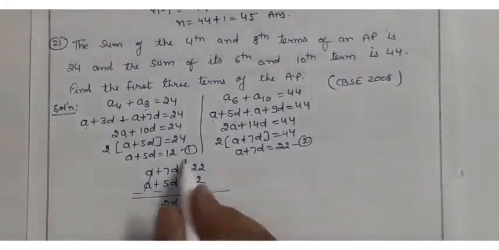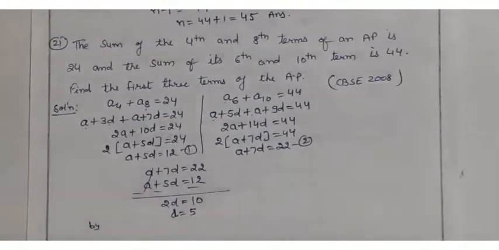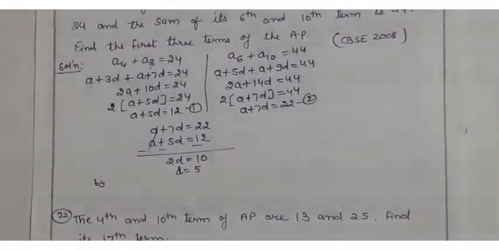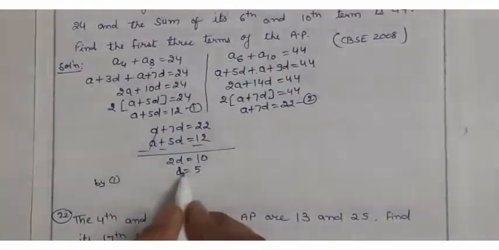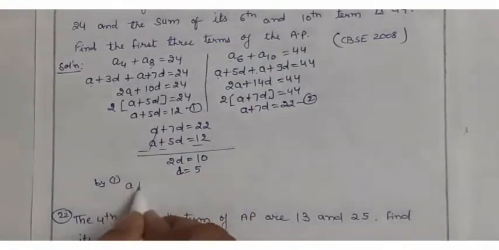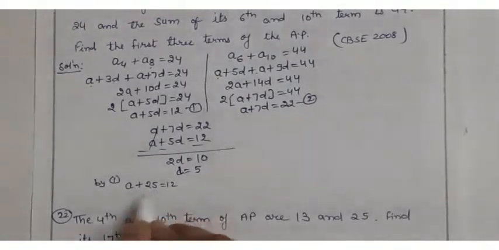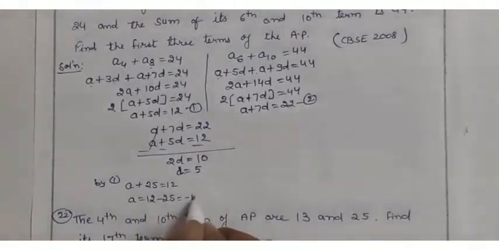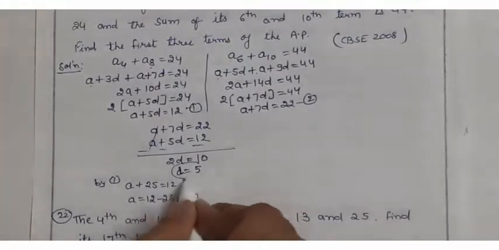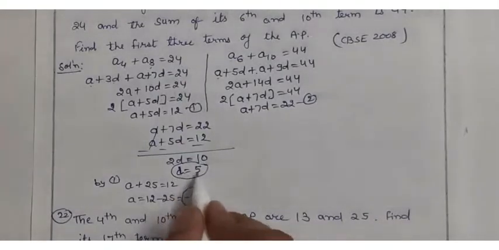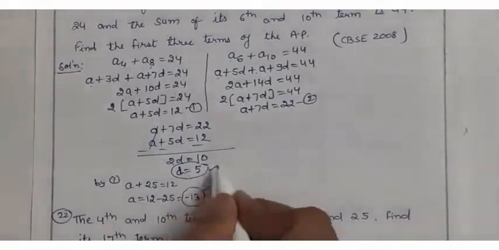If D is 5, then by first, put D as 5 here. A plus 5 into 5 is 25, is equal to 12. Then 12 minus 25, this should be minus 13. Now D is your 5 and A is minus 13.